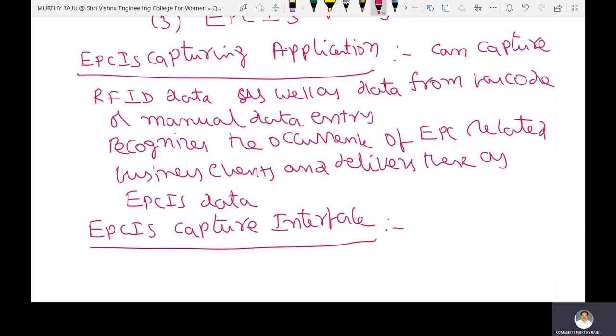Once filtered and consolidated data is available, next is to send such data to other parties. We need some communicating path.